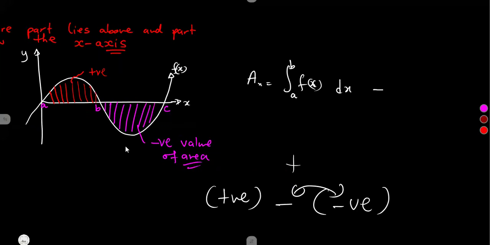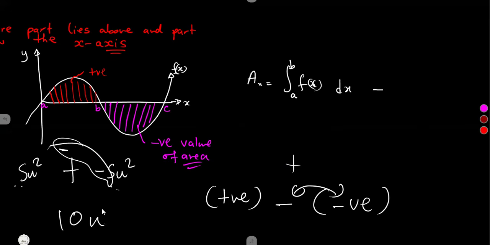But if you just combine it like this, say the area here is 5 square units and this one is negative 5 square units, you just add 5 plus minus 5 and you get 0. So you're supposed to subtract so that minus and minus will add those areas. 5 plus 5, you get 10 square units. So you have to subtract the other piece from B to C.